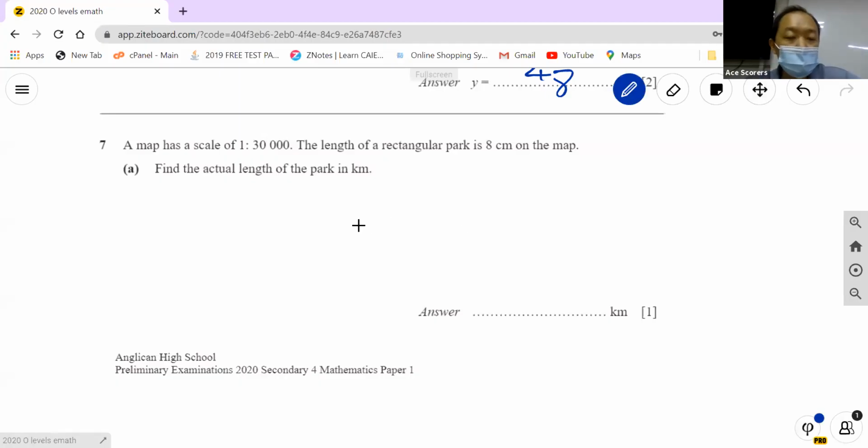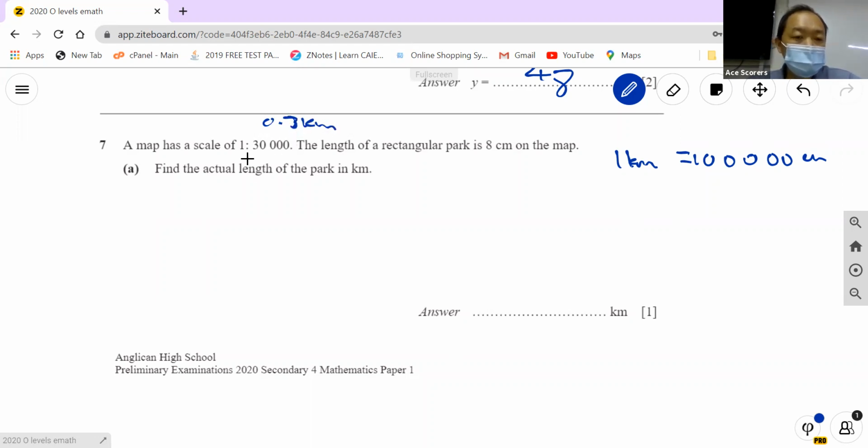So a map has a scale of 1:30,000, right? The length of a rectangular park is 8 centimeter on the map. What is the actual length in kilometer? Right, so now we need to know the conversion. So 1 km equals 100,000 cm. Okay, so if I have 30,000, I immediately know this is 0.3 km.